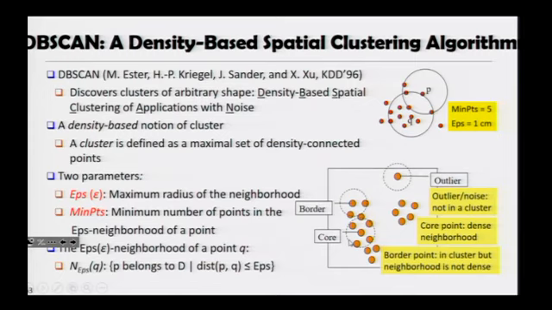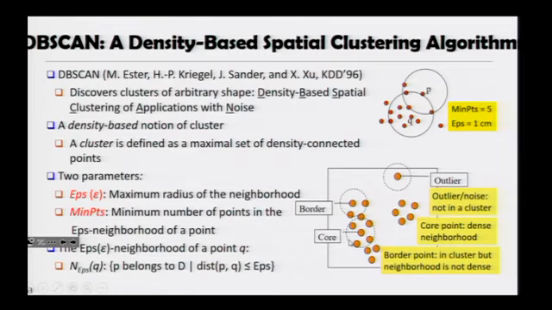Given the two parameters, epsilon and the minimum points, you can pick a random point in the data space as the starting point and ask whether the density in the neighborhood satisfies the preset threshold. If yes, you can do some expansion around this neighborhood to grow the cluster structure, and if no, you either reach a border or you are at an outlier of the data space.